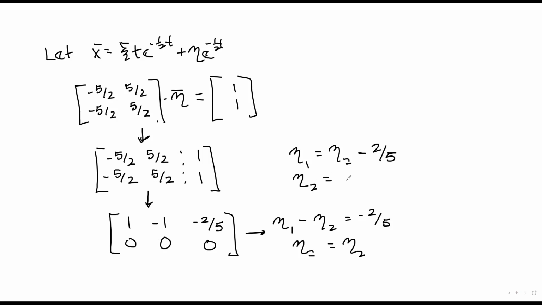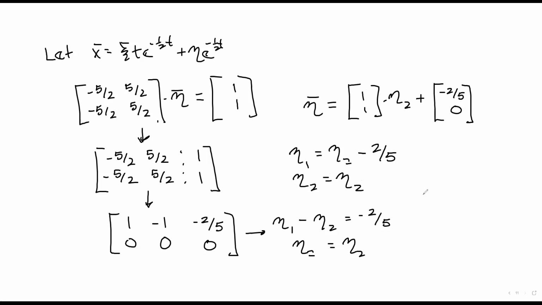Eta 2 equals eta 2. And then finally, we get eta equals 1, 1 times eta 2 plus negative 2/5, 0. Okay. And so now that we've done that, we can go through.